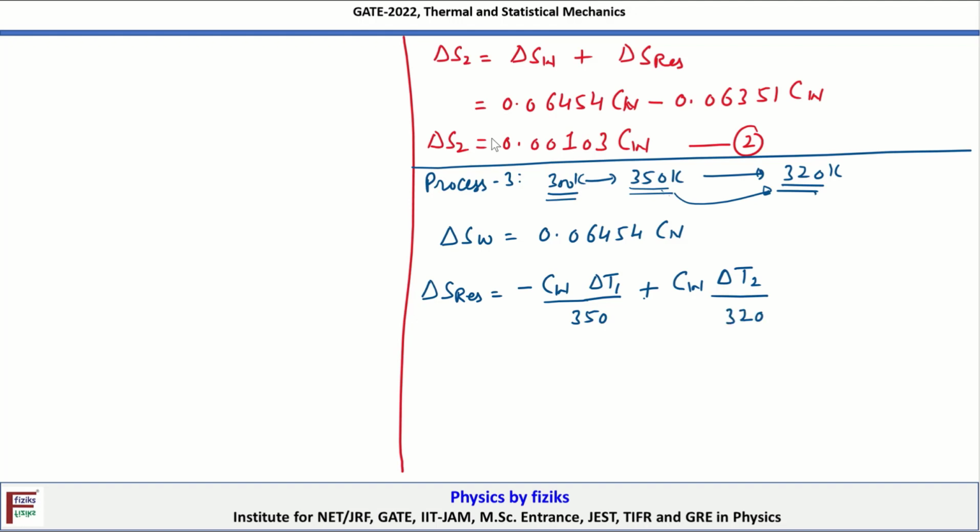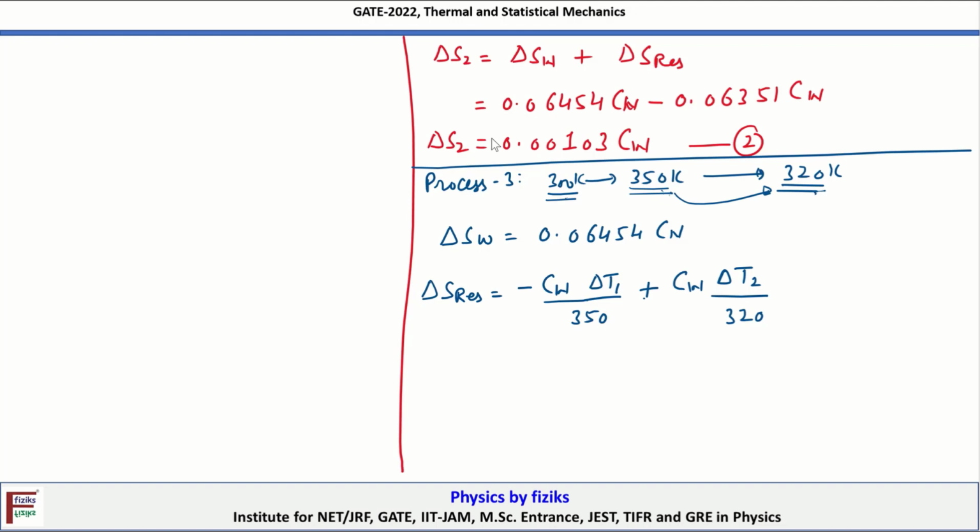Okay, please try to understand this point. For the first step, the reservoir is losing heat because it's at a higher temperature compared to the water, but once the water has reached 350 Kelvin, and we place it in contact with the reservoir at 320 Kelvin, the reservoir will acquire heat from the water at the constant reservoir temperature of 320 Kelvin.